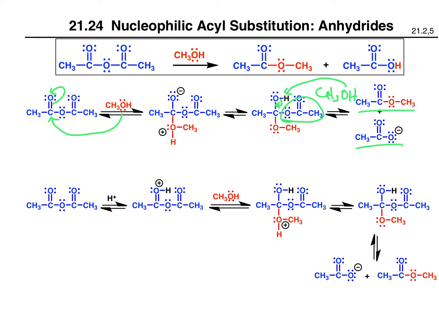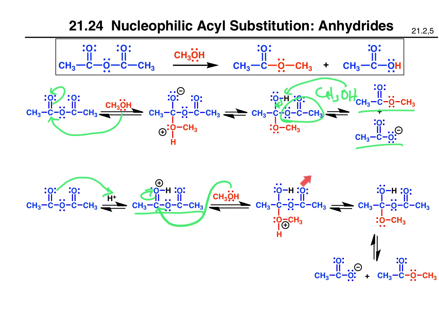Because this intermediate just looks weird, actually this reaction is typically not carried out under neutral conditions, but it might be carried out under slightly acidic conditions. So this oxygen would grab a proton, and now we have a protonated anhydride, which makes this carbon more electrophilic so that our nucleophile can add, pushing these electrons up onto the oxygen.